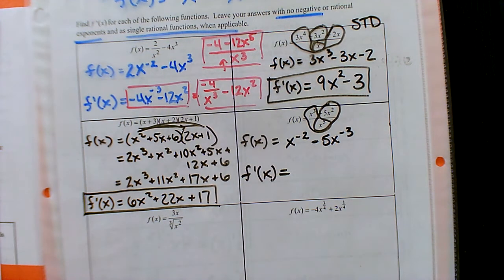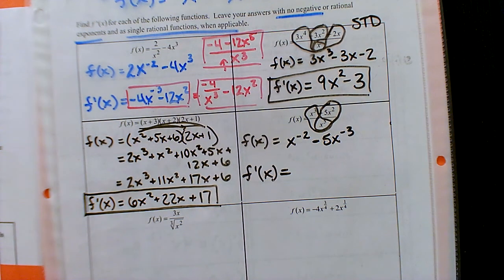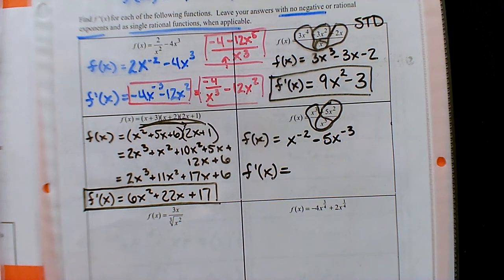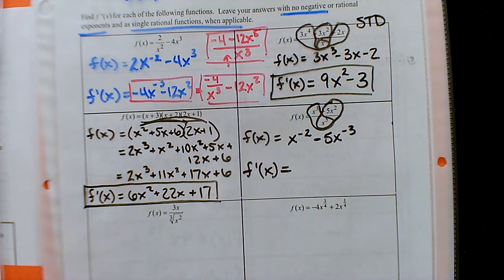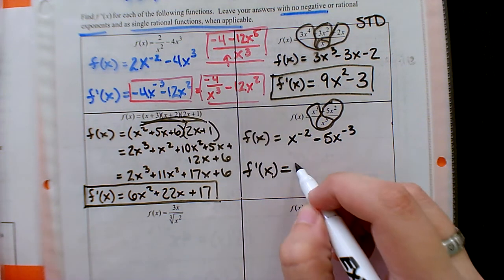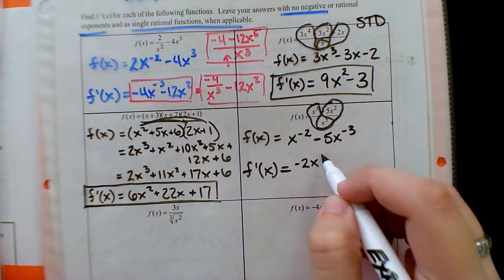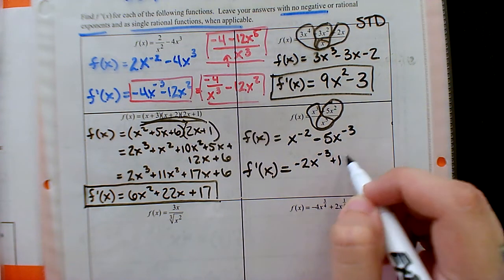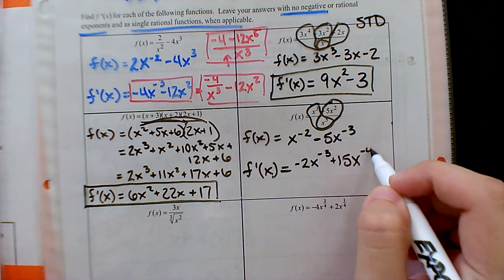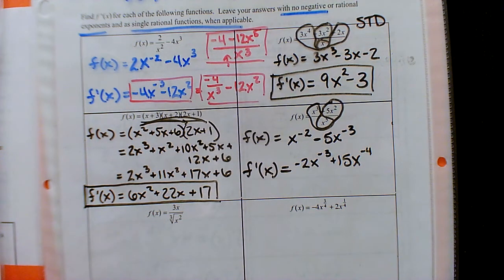What might our derivative look like using our power rule? Let's see, we'll have negative 2x to the negative third plus 15x to the negative fourth.